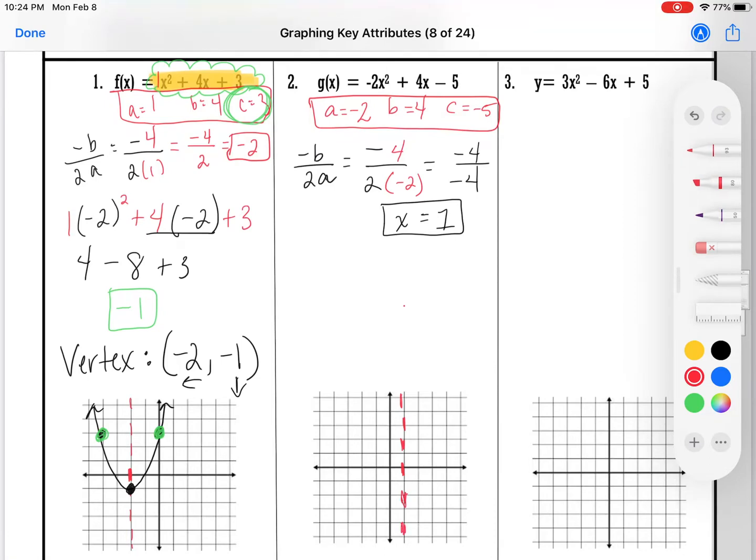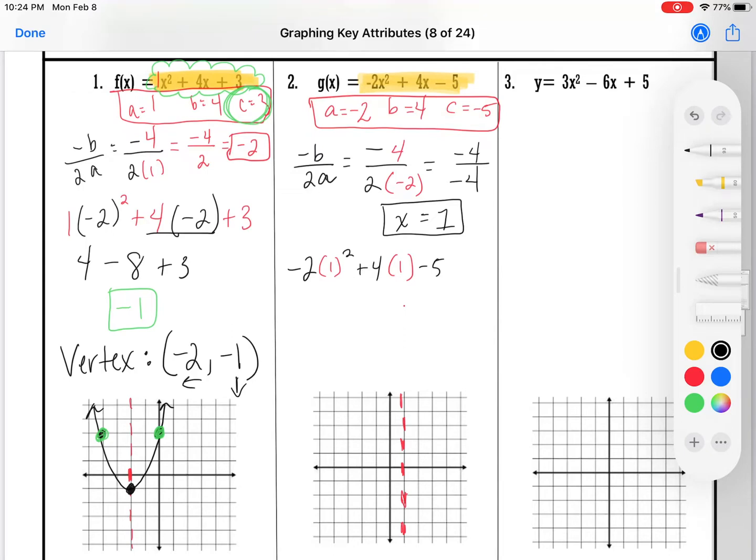Next up, it says take that axis of symmetry number and plug it in for x in your original equation. So my original equation said negative 2, and instead of x, I know that x is 1, so 1 to the second power plus 4 times 1 minus 5.